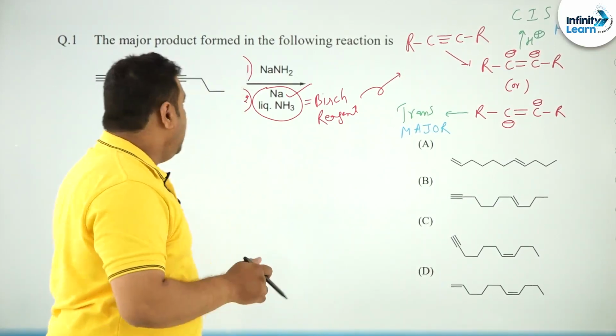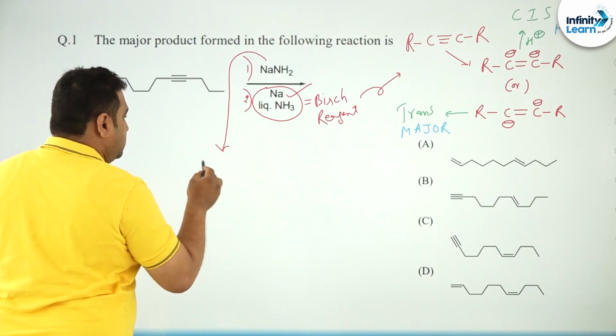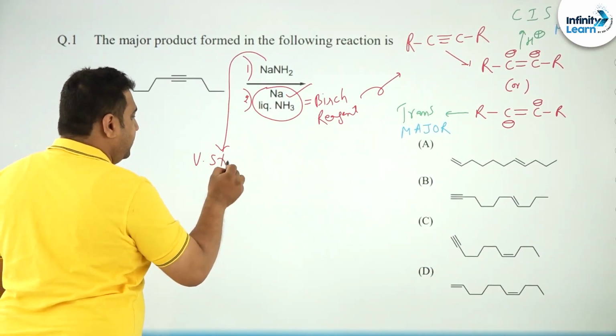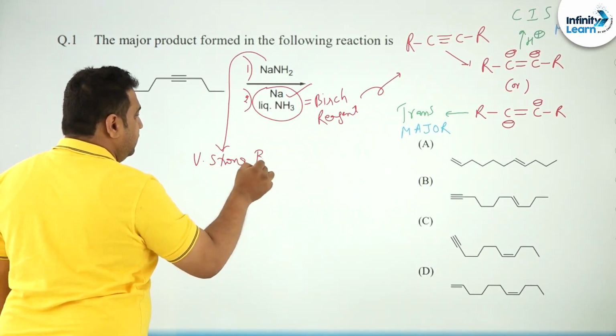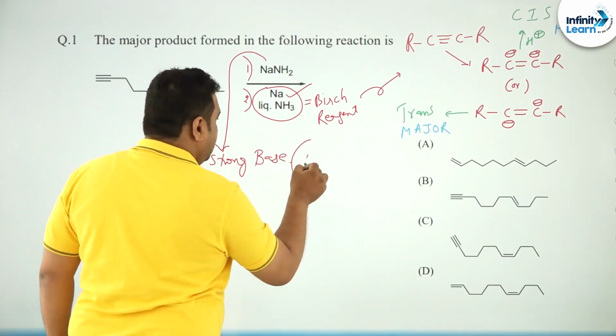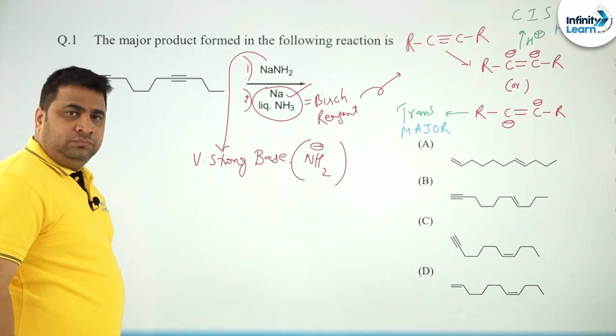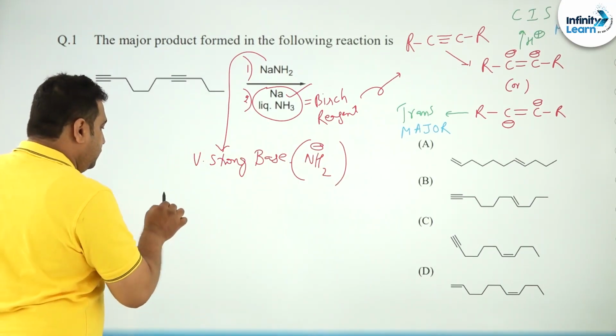Now tell me, what is the function of sodamide here? Sodamide is a very strong base, right? It is a very strong base because it has the amide anion. So here what does it do?